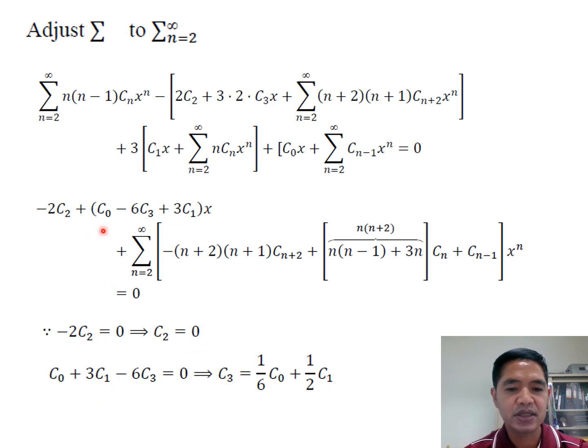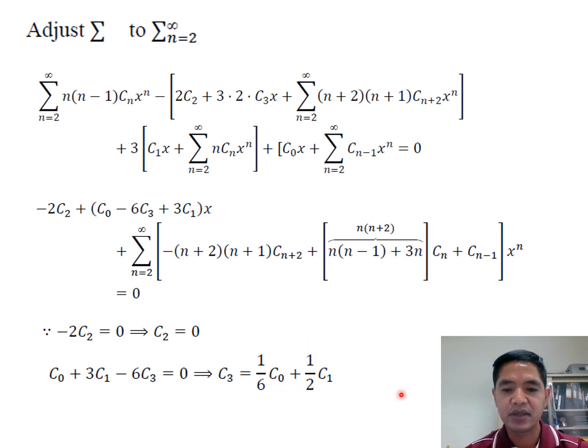And this one is c0 minus 6c3 plus 3c1. Just take it equal to 0, and then you rearrange to get this form, which is c3 equal to 1 over 6 c0 plus 1 over 2 c1.